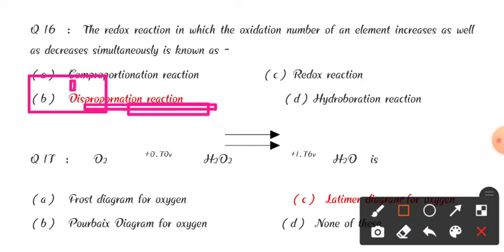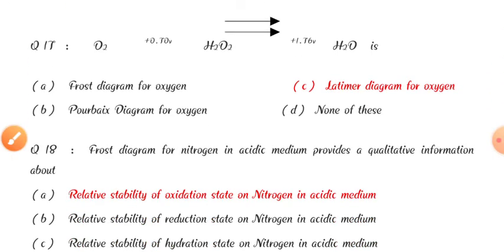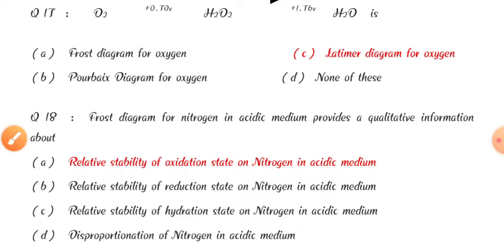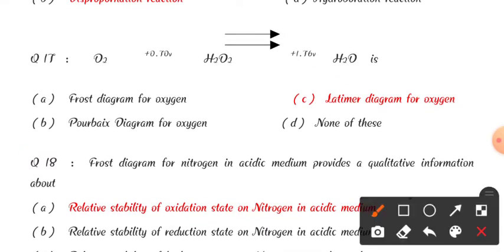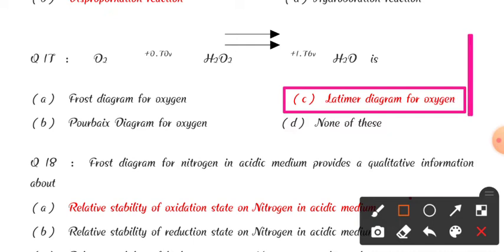Okay, now next question, question number 17, that is Latimer diagram. Okay, that is the reactions, and in that reactions, option number C is the correct answer, that is Latimer diagram for oxygen. Okay, if you require that particular type of diagram in your exams, you can simply tick option number C, that is Latimer diagram for oxygen.